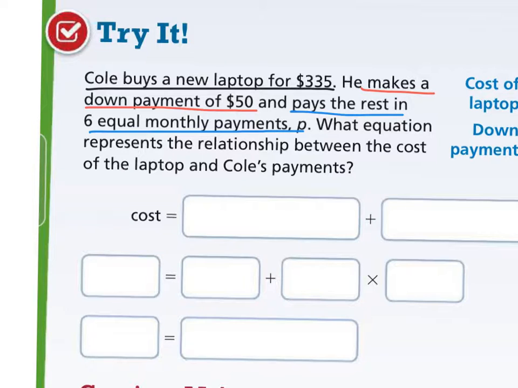So one thing in this problem, just to make sure everybody understands, is the idea of a down payment. A down payment is basically if you can't afford to pay for the full product that you're buying, then you can make a down payment, which is paying part of the cost, and then you can go back later and make other monthly payments in order to get it paid off.